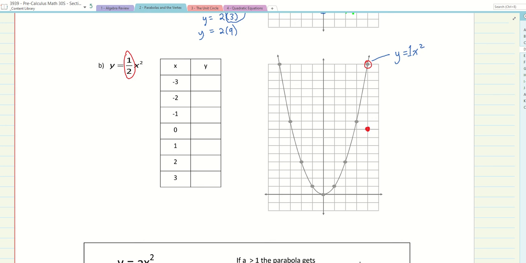Right next to it is this green point, which is 9 high, because it's 3 squared. So it's going to go to 4.5 high, up to there. My blue point is 4 high, because it's 2 squared. Now half makes it go half that height, to there.